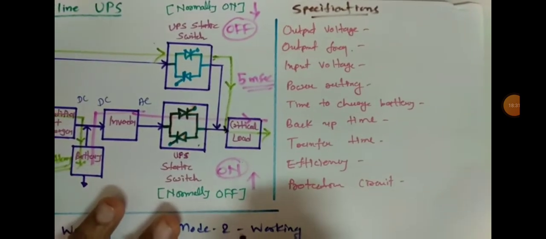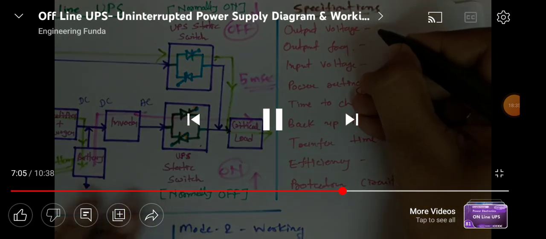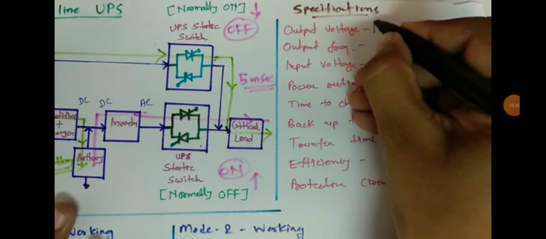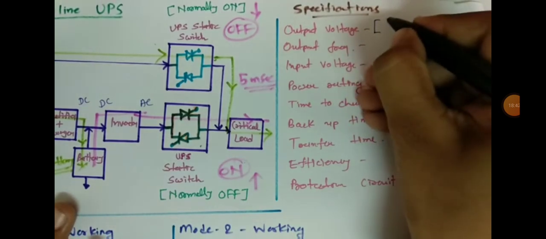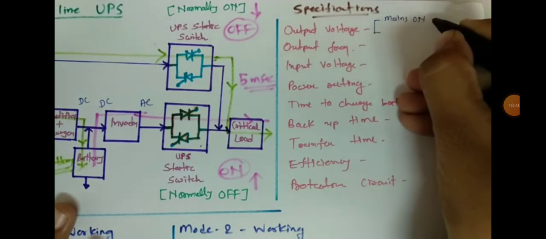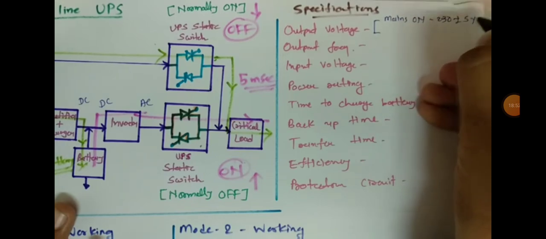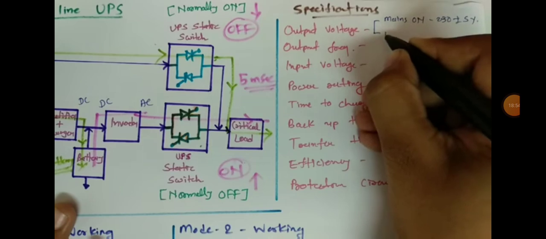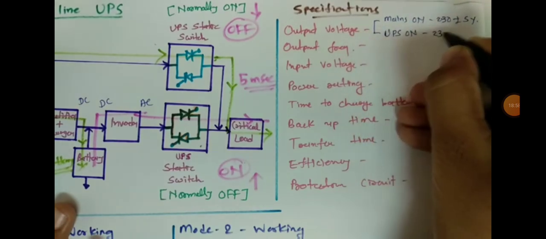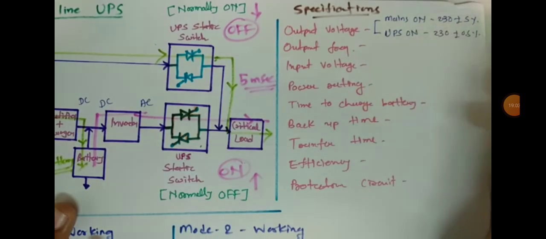So here, first, what is output voltage? Output voltage is available in two cases. When mains is on, the output voltage is 230 plus or minus 5%, and when UPS is on, the output voltage is 230 plus or minus 0.5%.